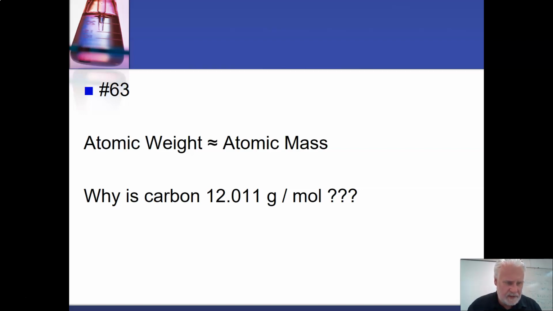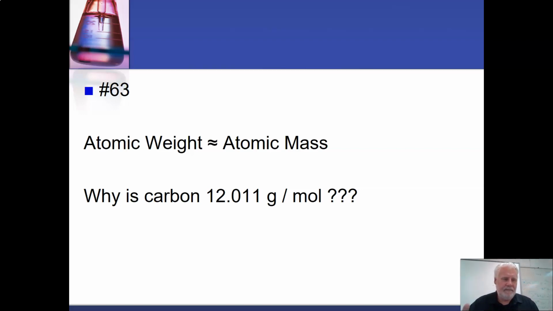12.011 grams? Of course, the answer to that is some of those atoms have extra neutrons. It's rare, but there are some carbon-14, and that raises that average up a little bit. Those are called isotopes, and having those isotopes with a couple extra neutrons kind of tweaks that average up.